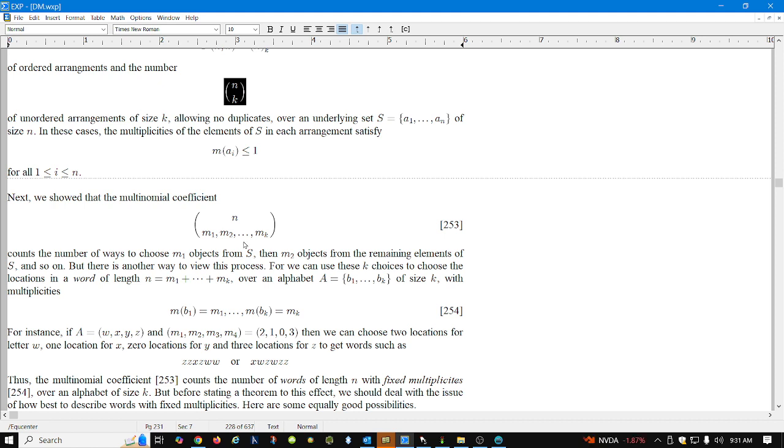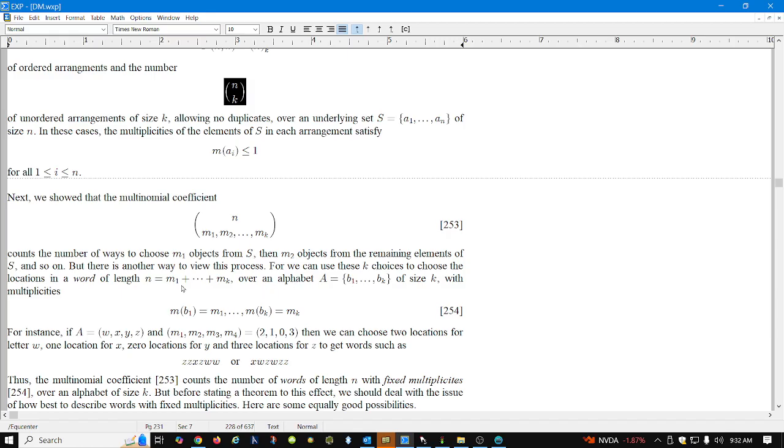But we can view that in a little different way. We can use these k choices to choose locations in a word of length n, n being the sum of these m's. So we choose m1 locations. Here's our alphabet. We choose m1 locations for the letter b1.